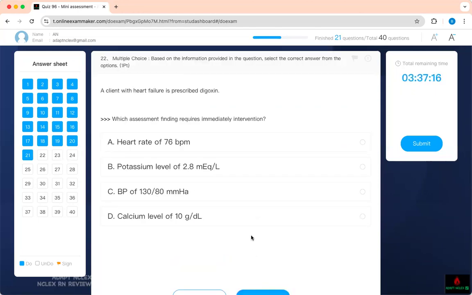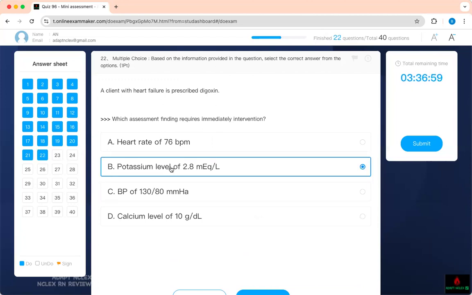Which assessment finding requires immediate intervention? A client with heart failure is prescribed digoxin. Digoxin, what is the prioritization? You know it: heart rate less than 60. This one is 76. Potassium, hypokalemia is a bad thing. Hyperkalemia is a bad thing.